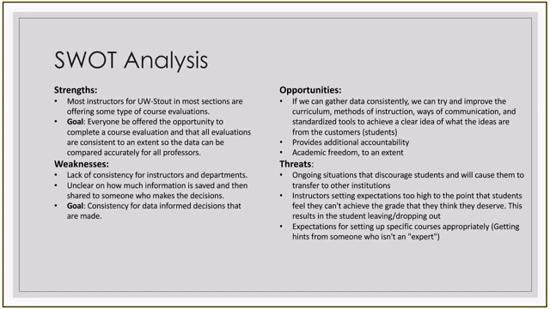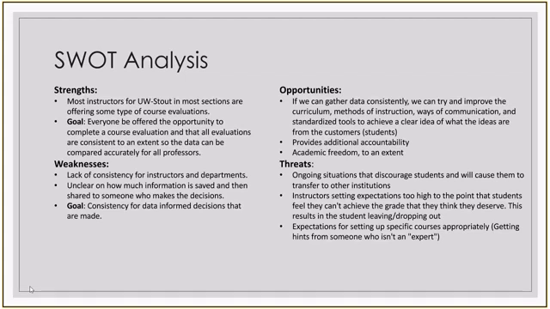When analyzing the weaknesses, we found that there's no consistency between the evaluations. So our goal is to have consistent evaluation data for analysis and decision making. When we looked at the opportunities, we found that we can gather data consistently in an attempt to improve curriculum, instructional methods, and standardizing tools to get clear information from the students.